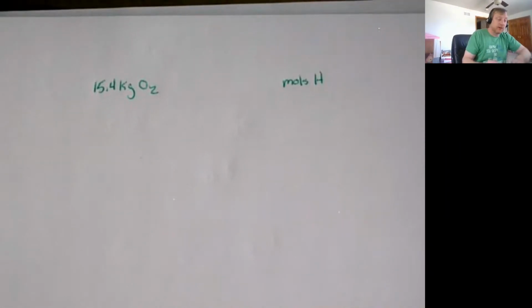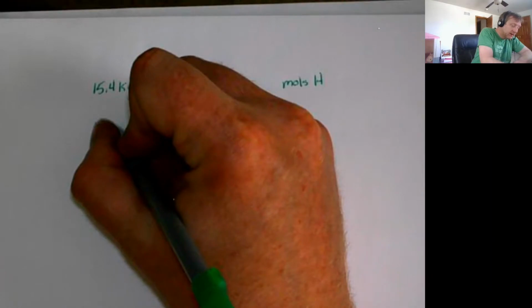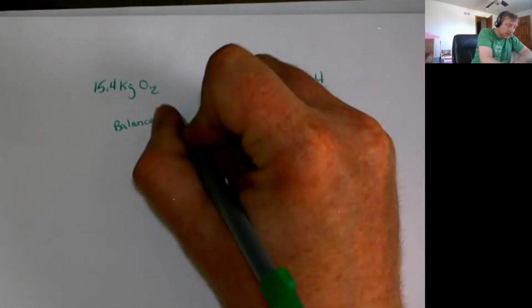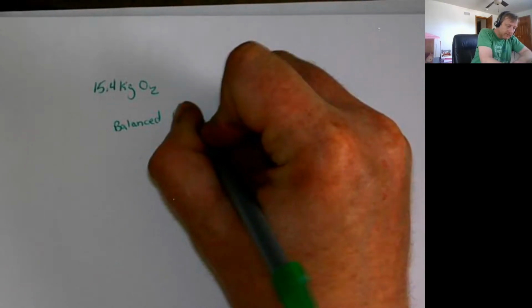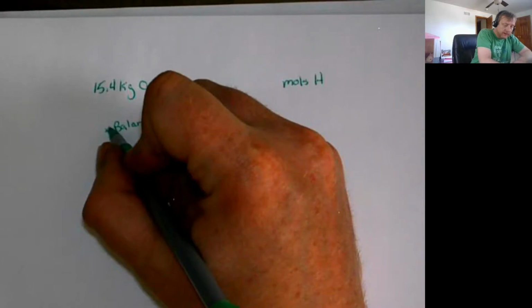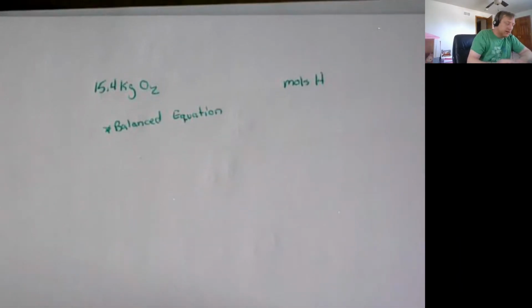So the first thing we're going to need is a balanced equation for the combustion of hydrogen. And this one I'm going to help you out with.